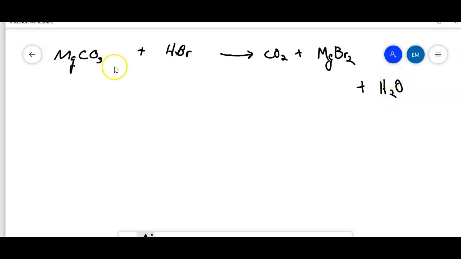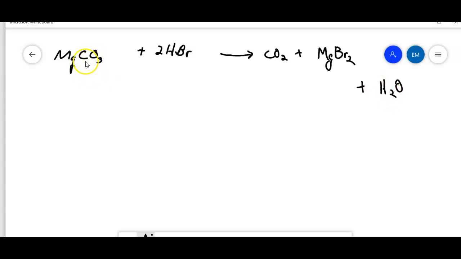Let's balance this. We have a couple options here. We can balance the bromide here. You see, there are two bromines here, and one on this side. So if we double this, we have magnesium bromide. Okay, and now look, we've balanced the hydrogens on the water.